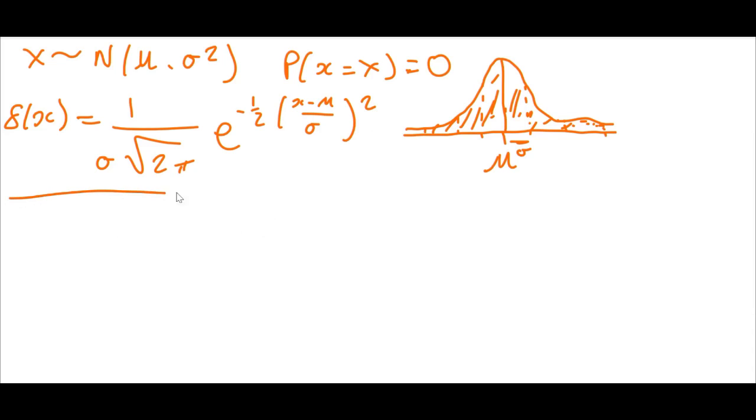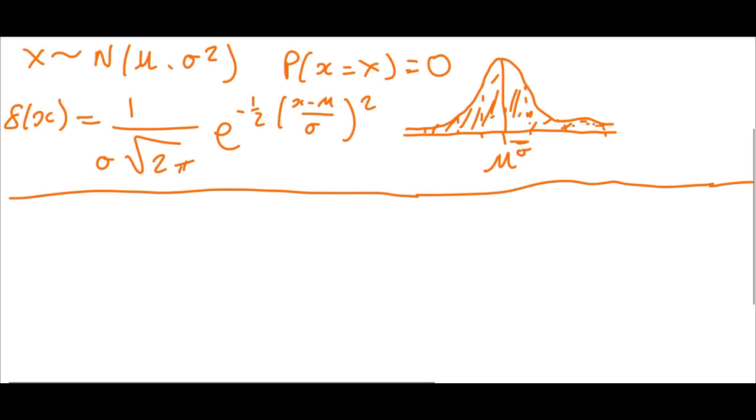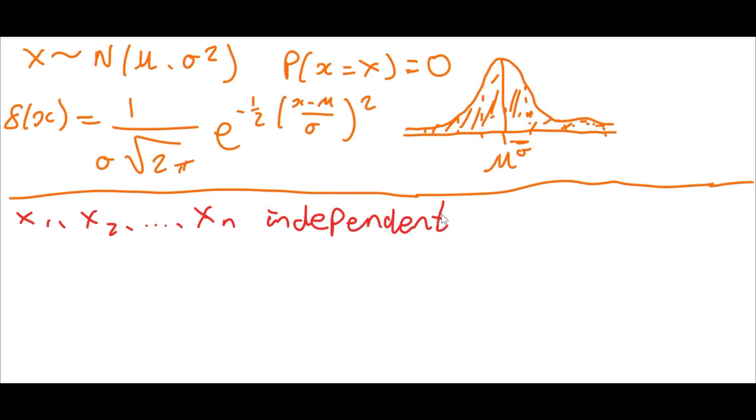And then what we're going to move on to now is the sum of normal distributions. What we require for this is we want x1, x2, up to xn independent, not necessarily identical, but all normal distributions, with mean mu i and variance sigma i squared.